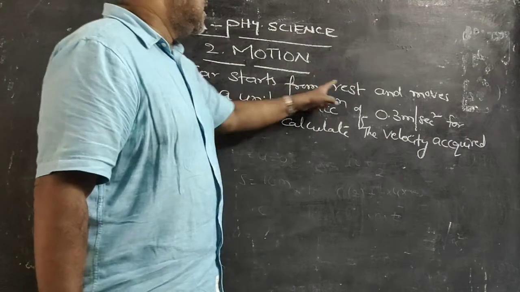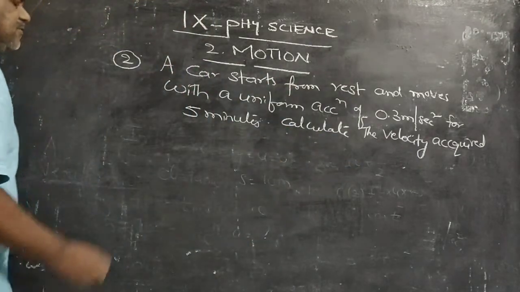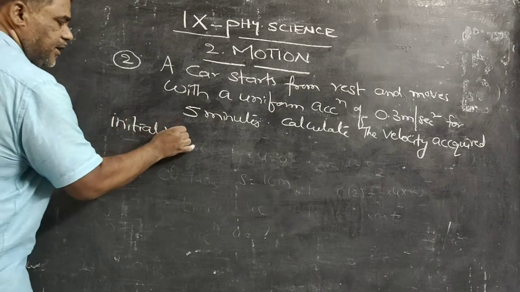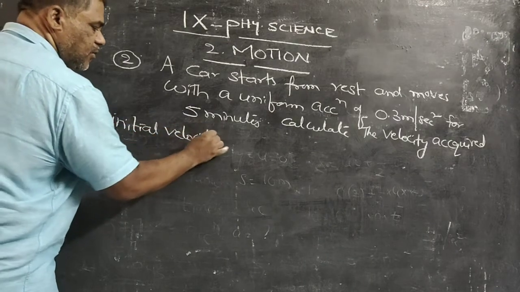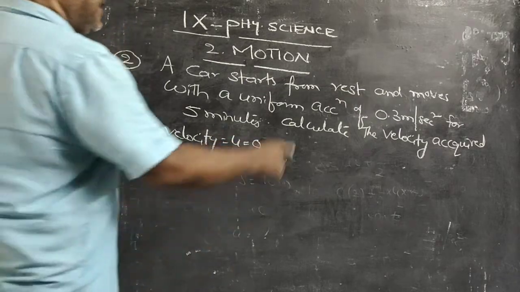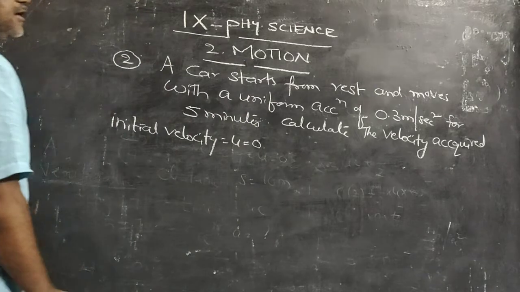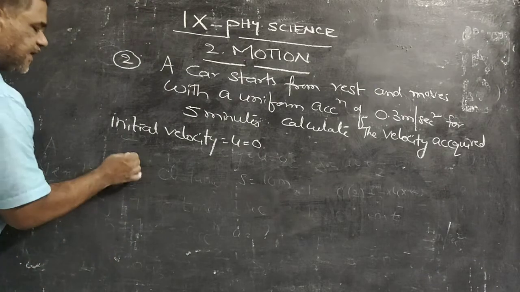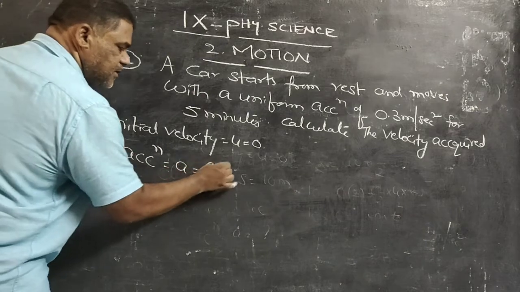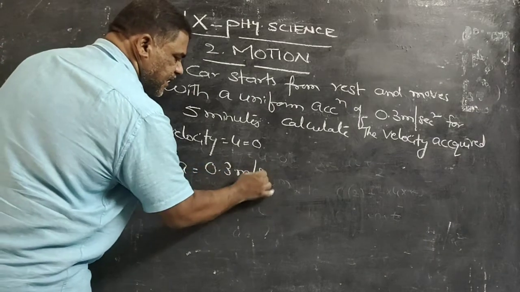First, a car starts from rest. Whenever a body starts from rest, initial velocity we have to take as 0. So initial velocity u is equal to 0. And moves with a uniform acceleration of 0.3 meters per second square. So here acceleration A is equal to 0.3 meters per second square.